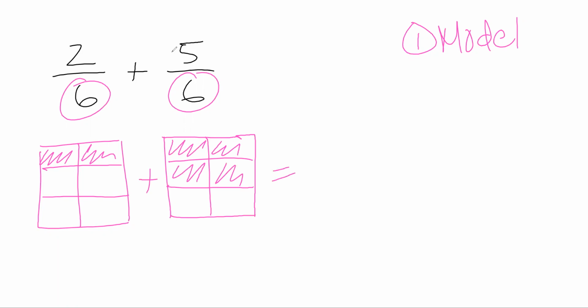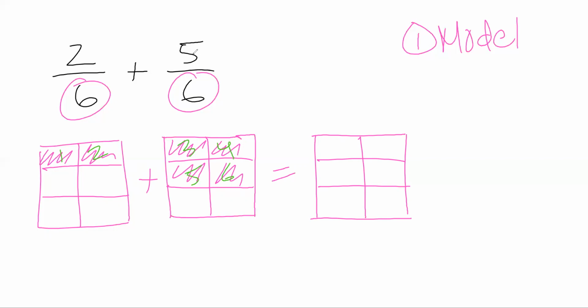If we were to put these together on one model, we still have 6, because that's the size of the pieces, and that didn't change. And we have 1, 2, 3, 4, 5, 6 of them.